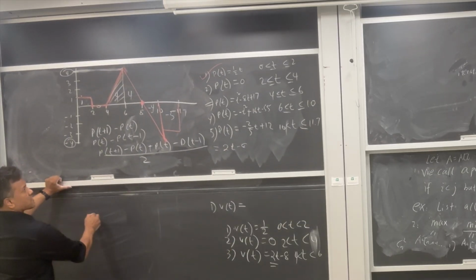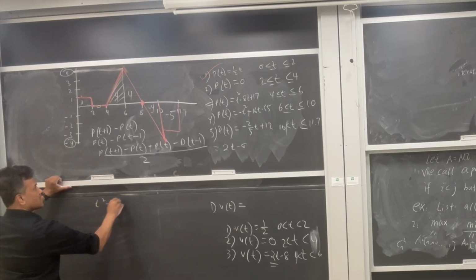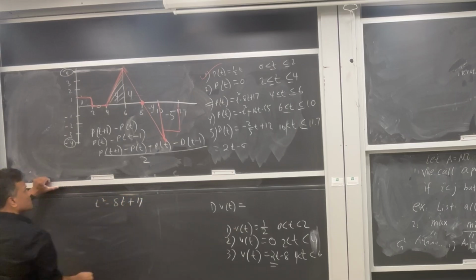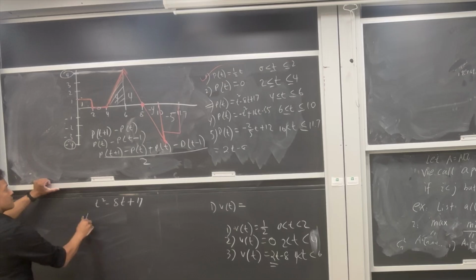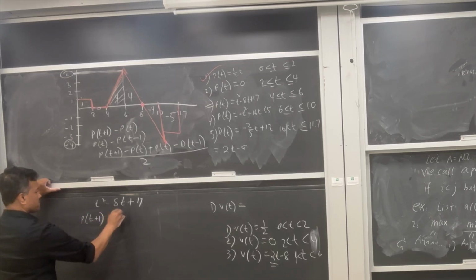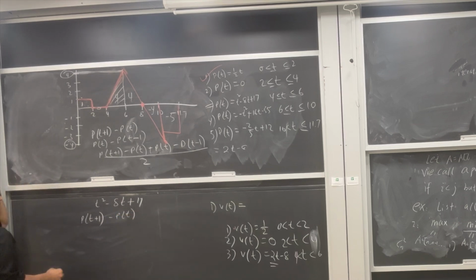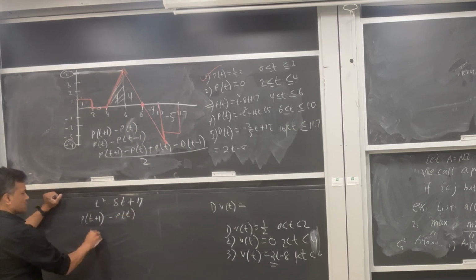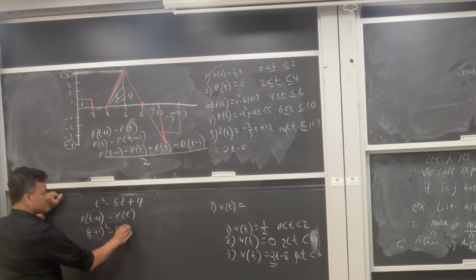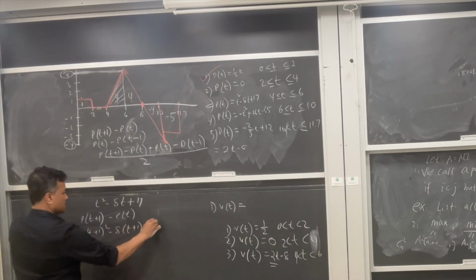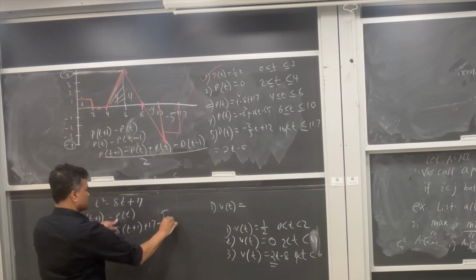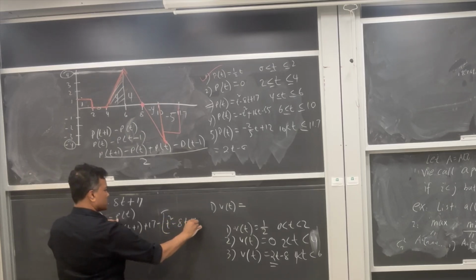Our equation is t squared minus 8t plus 17, right? So we're going to say p of t plus 1 minus p of t. Now t plus 1 squared minus 8 times t plus 1 plus 17, minus t squared minus 8t plus 17.